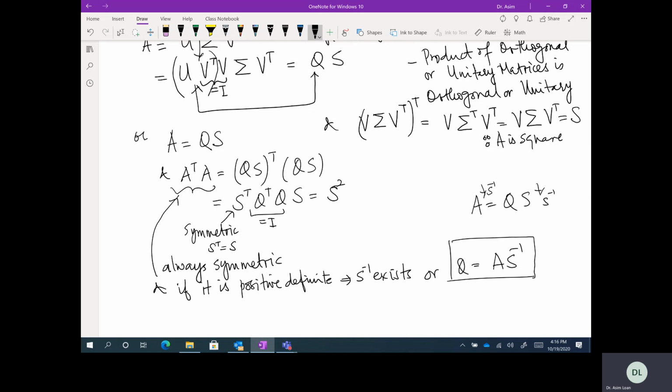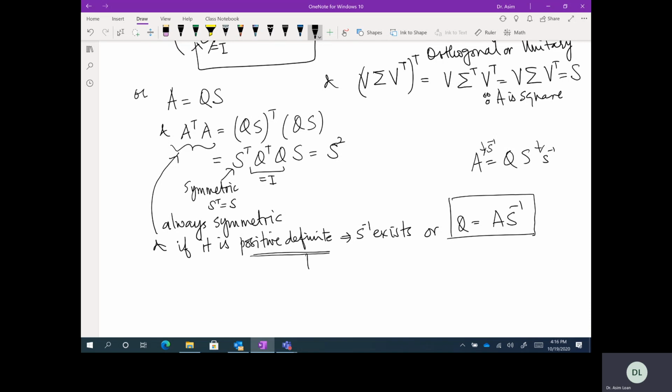And this is only possible when this matrix is positive definite. When this is positive definite, this also implies A is non-singular, because A has independent columns.